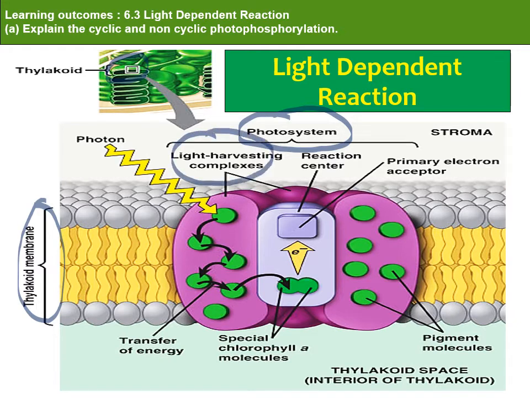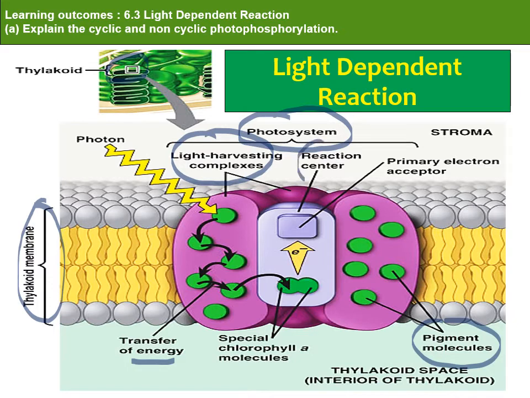The light harvesting complex consists of antenna pigment molecules, which transfer the energy from one pigment molecule to another pigment molecule.